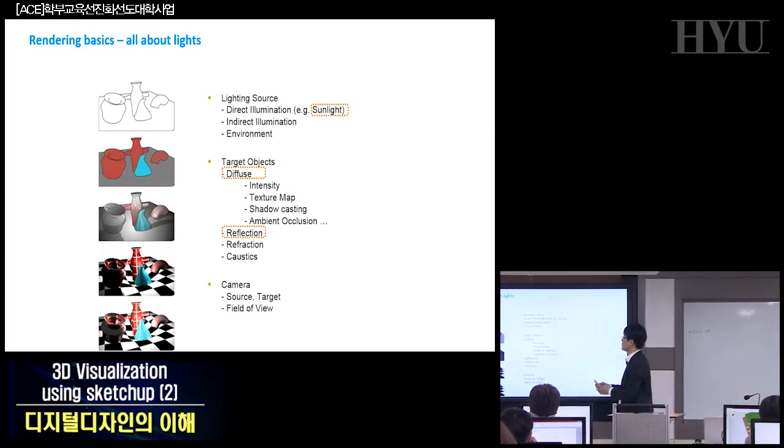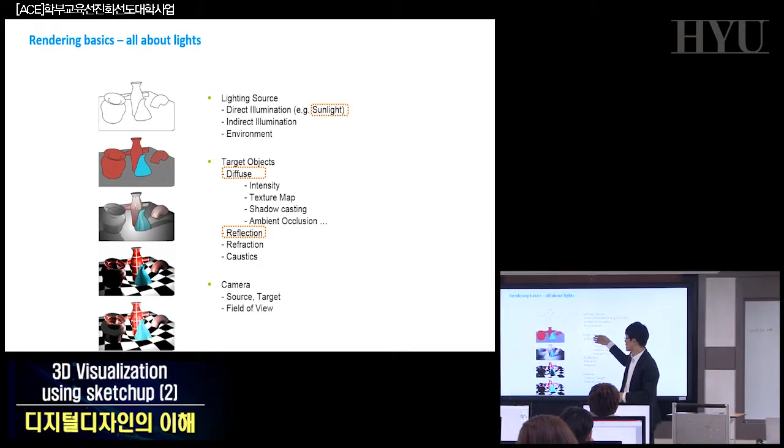We have a lighting source, we have a target object, we have a camera. We have learned something about the camera, but in SketchUp, it's not that critical. What we need to know is some lighting source, except default light such as sunlight. We have to place our own lighting system. And the most important thing, your target object.